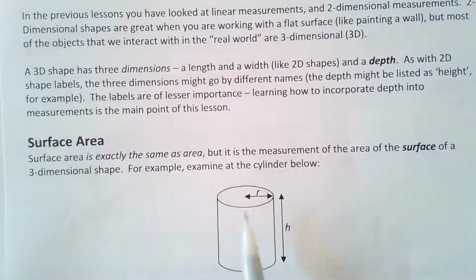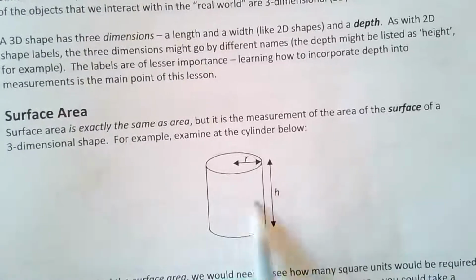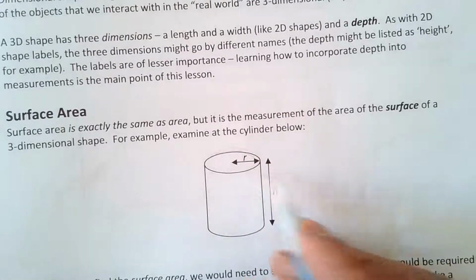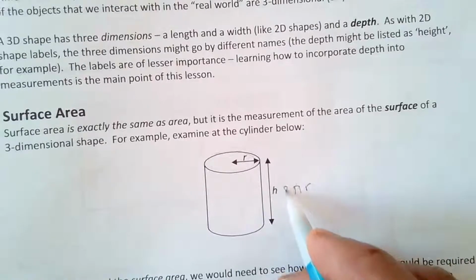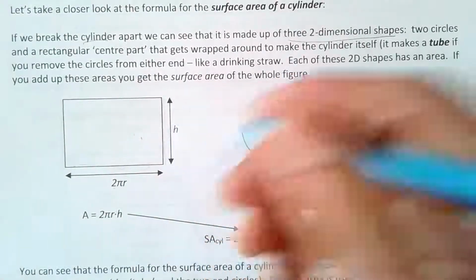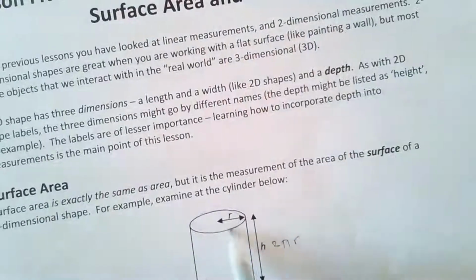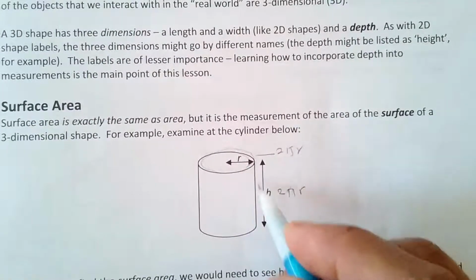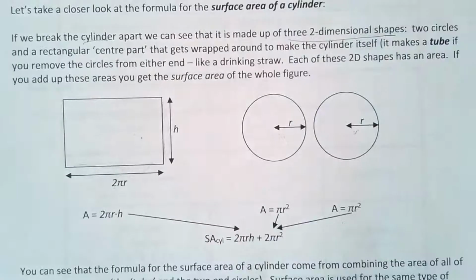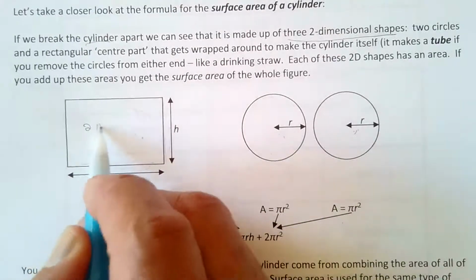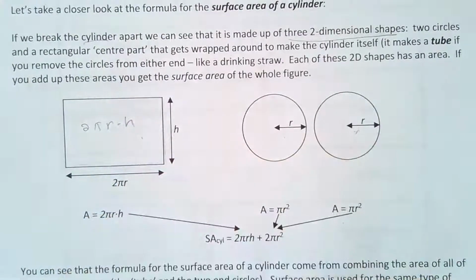So when you want to find the area of this side of the cylinder, the distance around here is 2 pi r, but we also have the height. That's why the area of the side of a cylinder is 2 pi times the radius times the height.